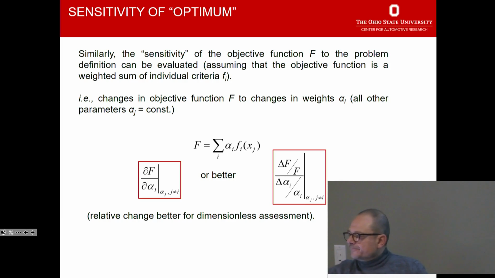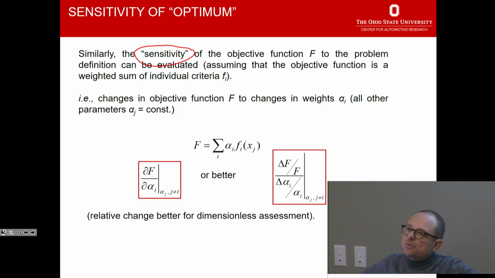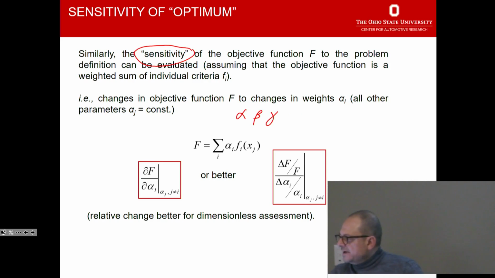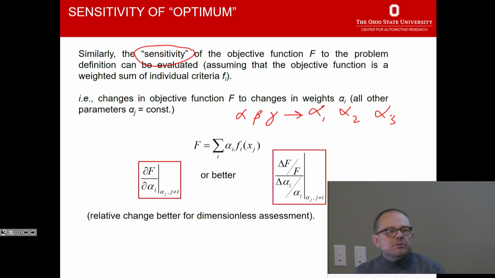Second, there is another sensitivity that is very important, that we cannot ignore. Let's say that we had our criteria, alpha, beta, gamma. Let's call them alpha 1, alpha 2, alpha 3 for simplicity. You might also ask yourself the question, how sensitive is my optimum, and my answer, therefore, to changes in those weights?